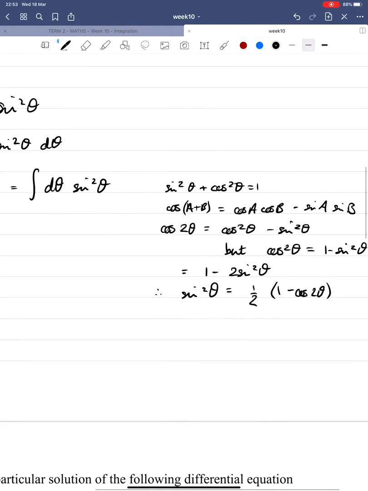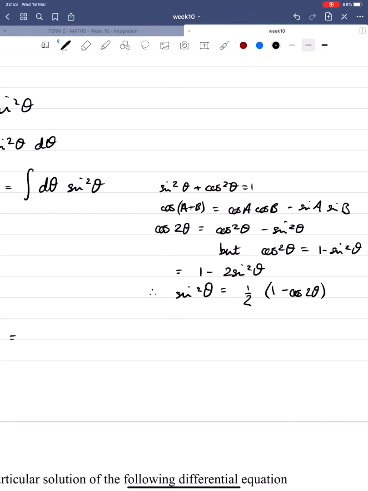So the integral then on the left here becomes a half integral d theta 1 minus cos 2 theta. And this is something that we can do. We get theta, and then cos integrates to sine, which means minus cos integrates to minus sine. I have a 2 in the argument, which means I need to divide by 2.